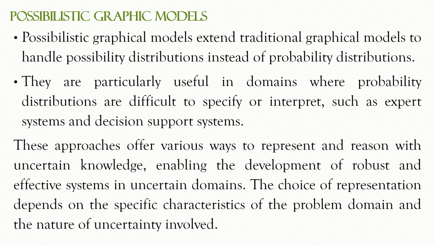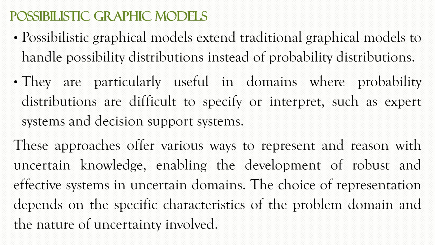And the possibilistic graphical models extend the traditional graphical models to handle possibility distributions instead of probability distributions. They are particularly useful in domains where the probability distributions are difficult to specify or interpret, such as expert systems and decision support systems, right?